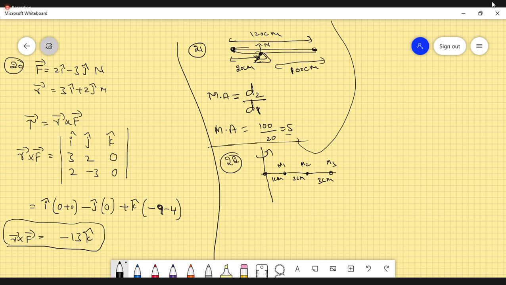Then what they are asking? The moment of inertia of the system and radius of gyration. So what is the moment of inertia of this system of particles?